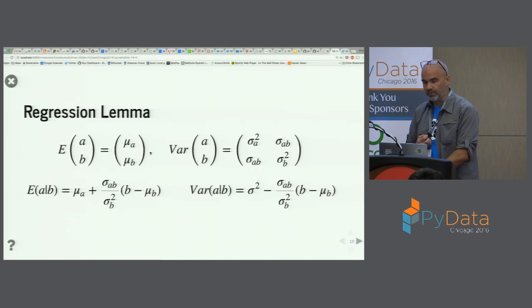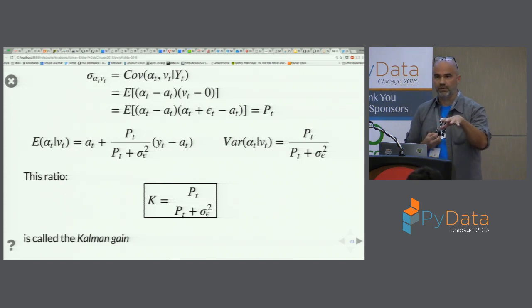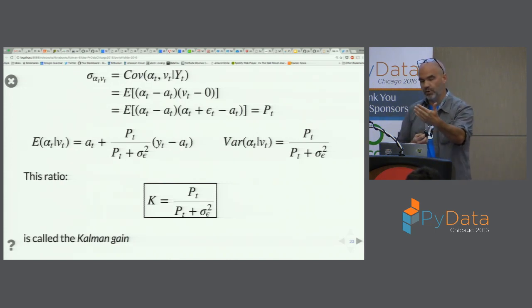So this is important for a couple of reasons. We can use our state, our next state alpha t, and the innovation VT as A and B. I'm going to focus on the covariance between the two things. If you work through this, it turns out the covariance is this value PT, which is actually the covariance of the state at the current time period.